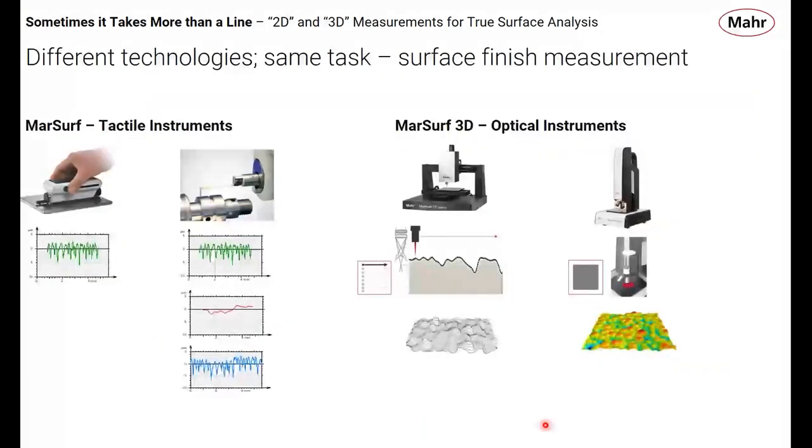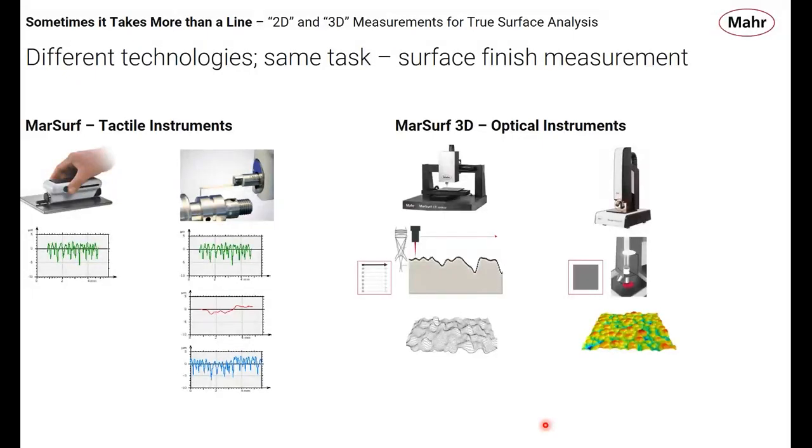That said, even amongst this big range of tools, there's one task that is done by all of these tools. All of these tools do surface finish measurement. Some of the tools do other tasks as well, but one thing that they all do is surface finish measurement, which begs the question, how do we know which one? What's the point?